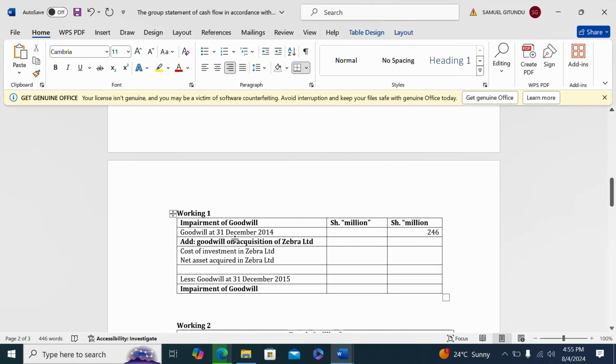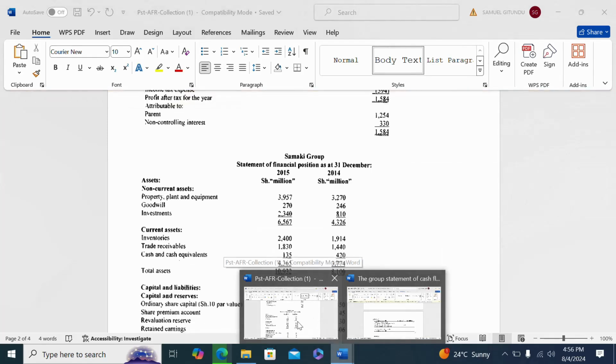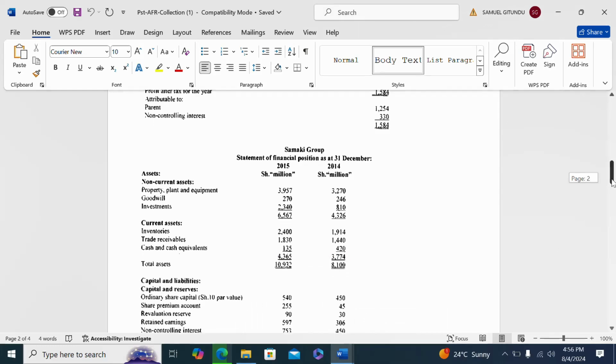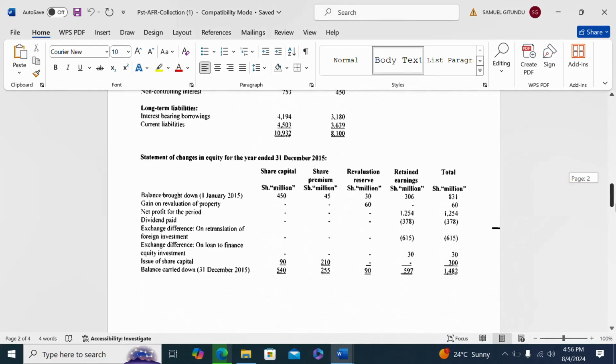Then we add the goodwill on acquisition of the subsidiary, that is on acquisition of Zebra. The cost of investment was 291 million. Then the net asset acquired would be 80%. How much is the net asset acquired from the subsidiary, Zebra Limited?